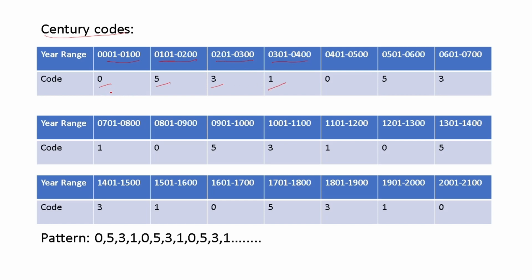It follows the pattern 0531, 0531, 0531. Like this, it follows the pattern. These are the things you need to remember when we are going to solve the quantitative aptitude calendar problems.